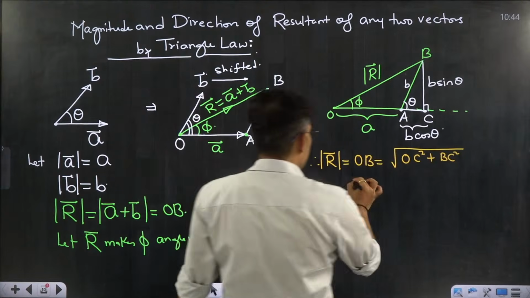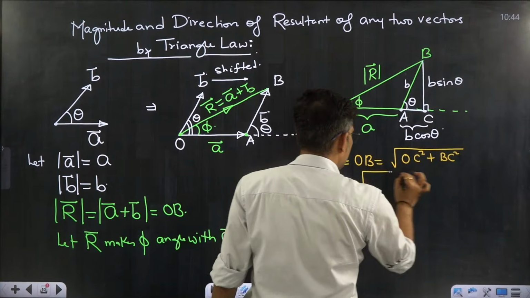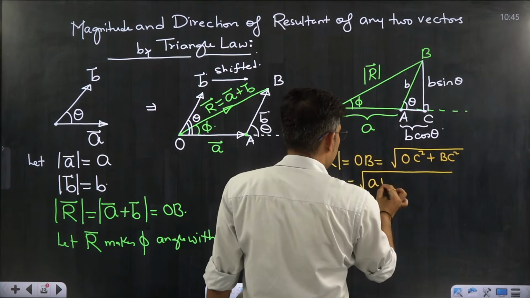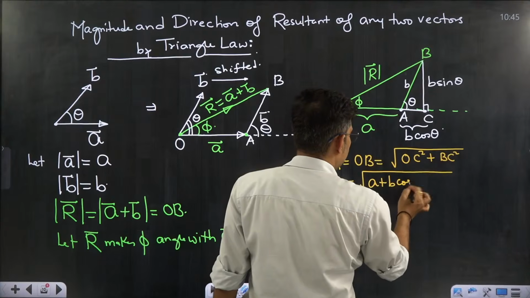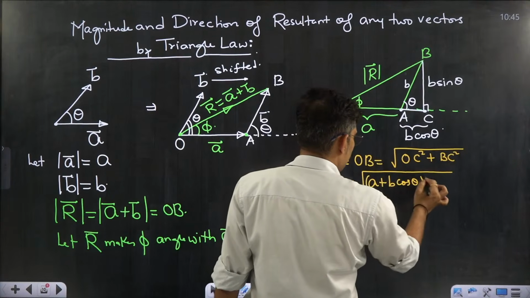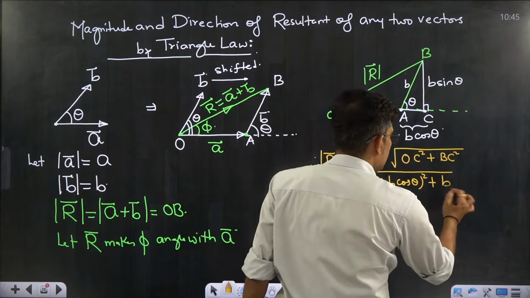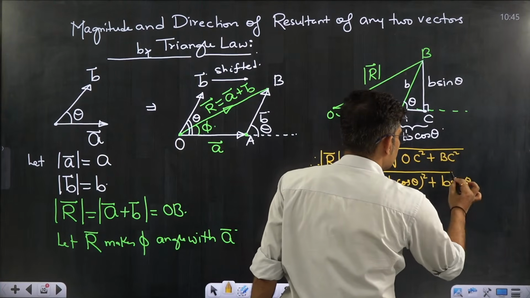Now if you substitute OC is A plus B cos theta whole squared, BC is B sin theta whole squared.